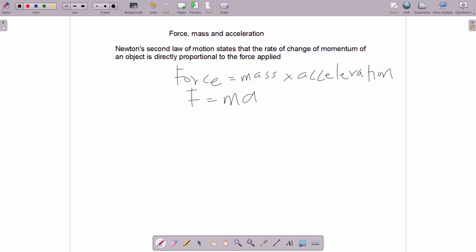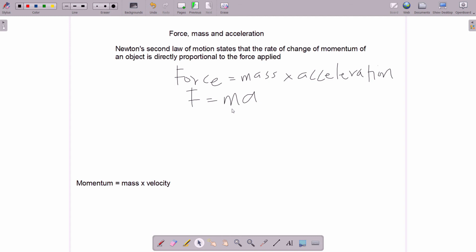First of all, it's important to keep in mind that momentum is mass times velocity. So from Newton's second law of motion, we have F is equal to ma. From our discussion on motion, we came to see that acceleration is equal to change in velocity over time.